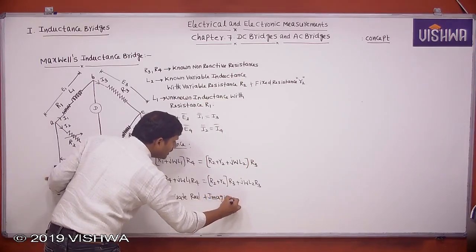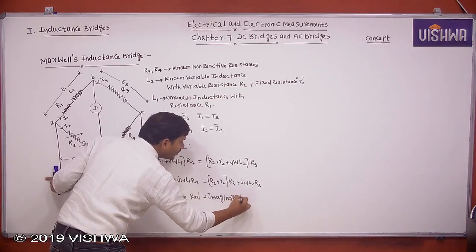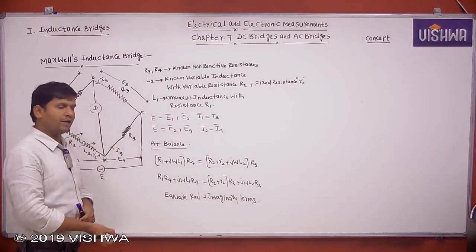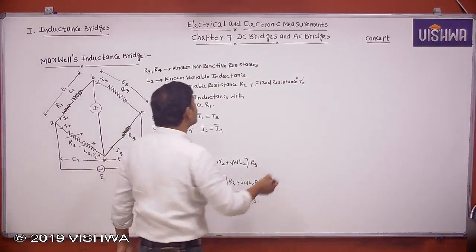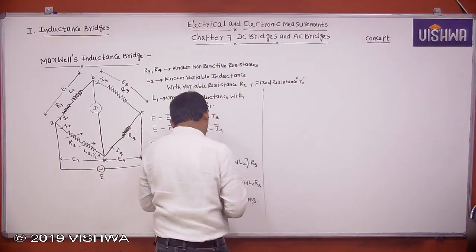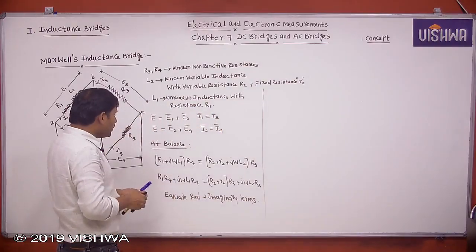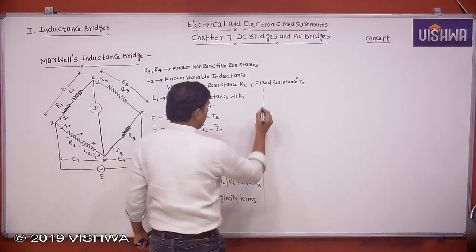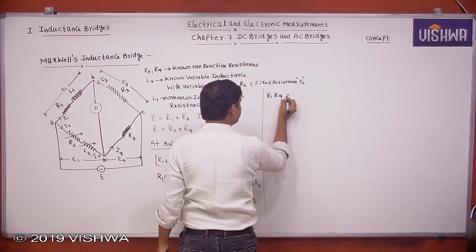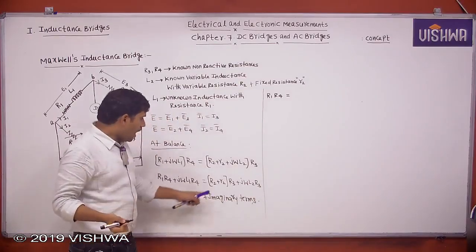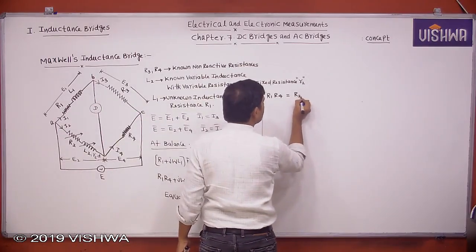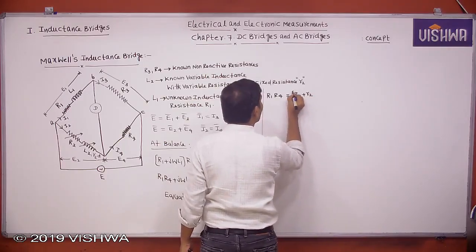Equating real terms is nothing but a magnitude condition, and equating imaginary terms is nothing but a phase condition. Then what are the real terms? You tell me. R1 into R4 equal to R2 plus small r2 into R3.